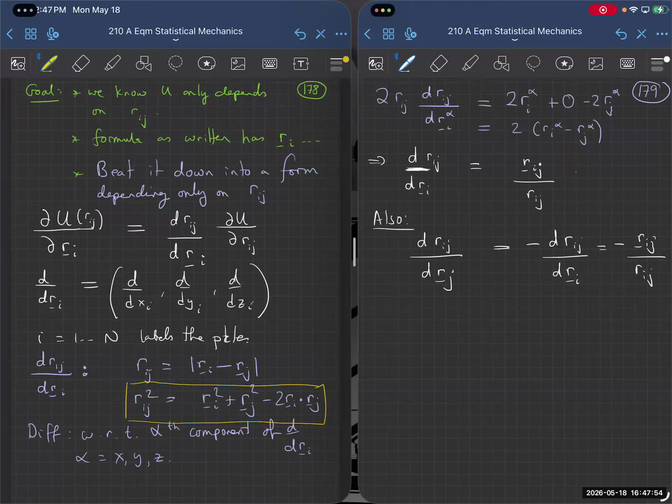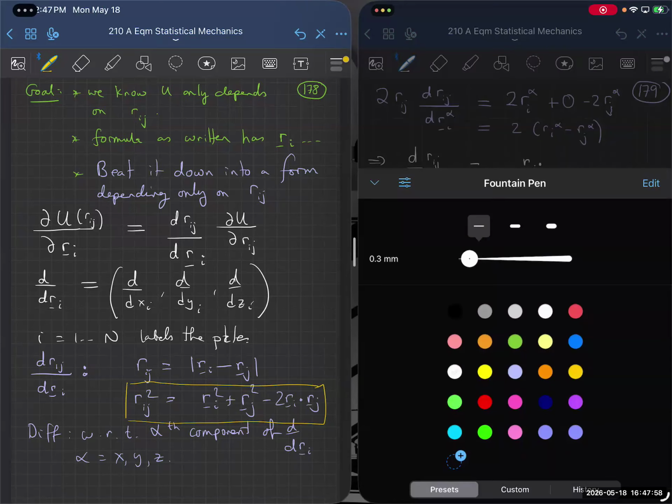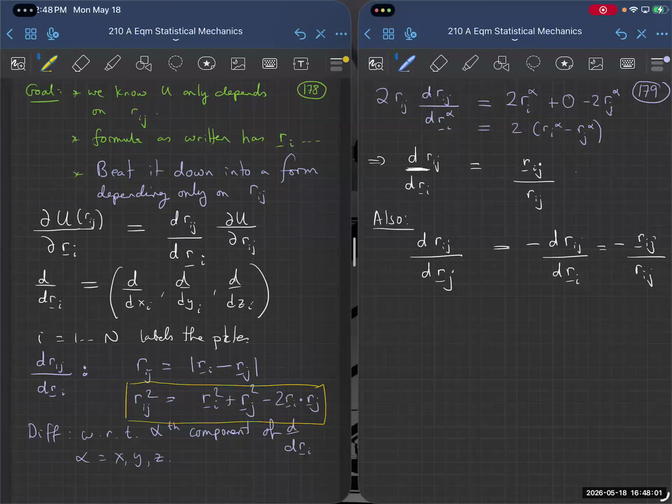Okay, so then I can now go back to my definition of the virial. So this means then that delta V is equal to minus the expectation value of the sum over i not equal to j of Ri dotted with the vector Rij over Rij times du by dRij.